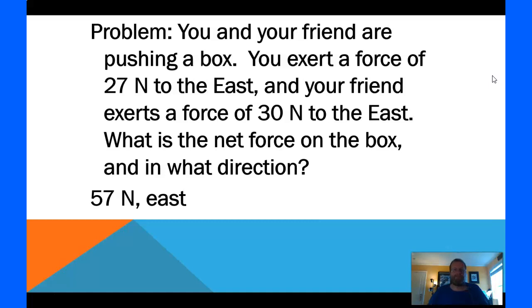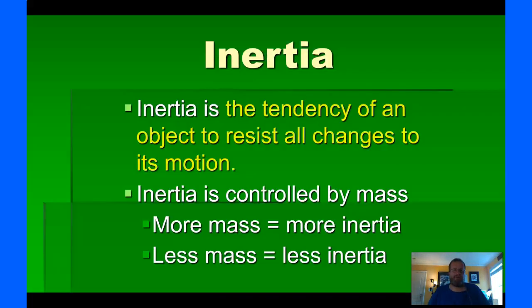Below all that, back on the front side of your notes, you have this big word flash across there. It says inertia. And there's a definition of inertia. The tendency of an object to resist all changes to its motion. Did you pause and write it down? Good. Here we go. One thing only controls inertia.